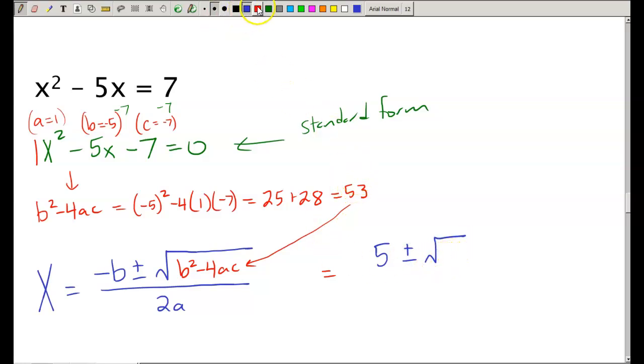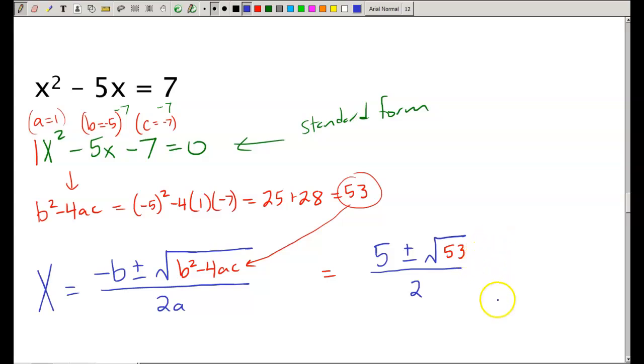Now this is what we calculated. The discriminant is 53. So I know this little part right there is 53. And this is all divided by 2 times a. And a is just 1. So this is going to be divided by 2. And so this is actually our answer. There are two answers here.